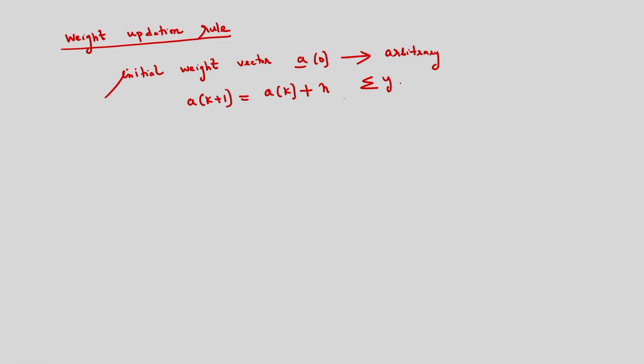In the gradient descent algorithm it was minus, so in the perceptron criterion it is minus, summation for all misclassified samples, and this minus minus will be plus, for all y which are misclassified. So this is the weight updation rule. We have to consider this rule.